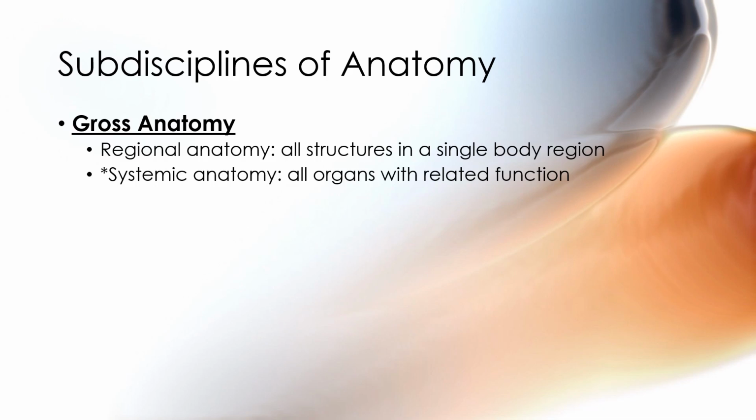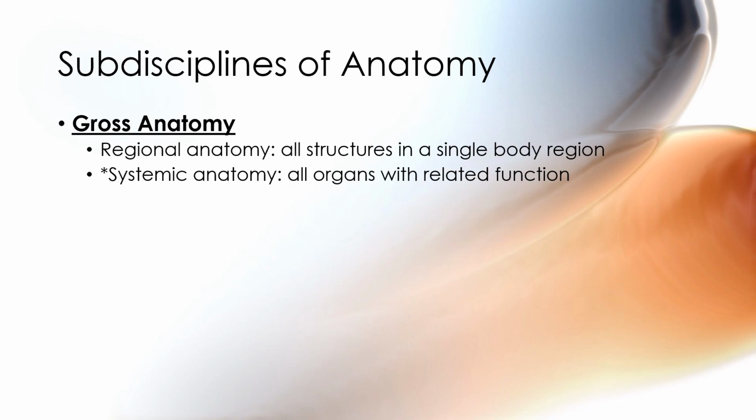There are two different ways you can study gross anatomy: regional anatomy and systemic anatomy. Regional sounds just like it is named. You're going to pick out a region in the body, say the head, right? And you're going to study all the structures in the head, so all in one region. So that's one way to study gross anatomy.